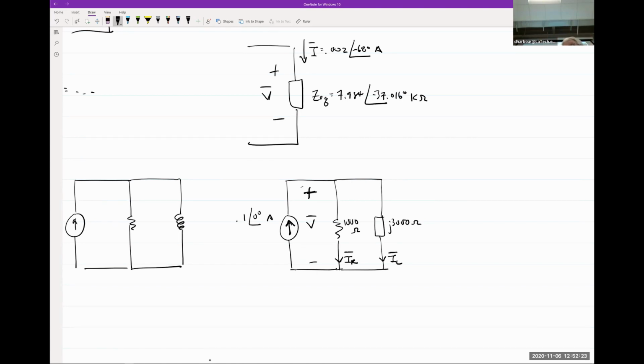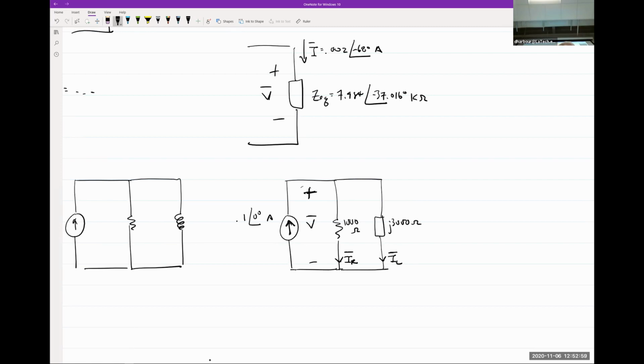In the video, Dr. Hartman looked at it and said, oh, they're asking for power absorbed. I'll turn the current around, and I'll make the current go into the plus terminal. Here we could have turned the voltage around and made the current leave the minus terminal or go into the plus terminal, because that's what they're asking for. So that's why he did it that way in the video. He sort of did it on the front end and prepared the problem that way. He knew what was coming. I do it this way, and then at the end say, oh, they want power absorbed. I found power supplied. We'll flip it. Just put a negative sign on it.